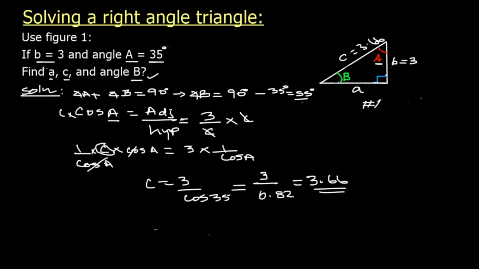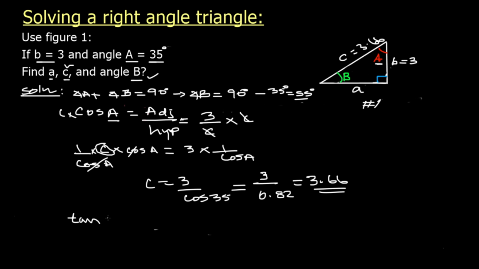All right, so we know that side. We solved the angle B and the side C. We are missing A. Since we know the hypotenuse, we can either use the sine equation or we could have used tan. So let's see.